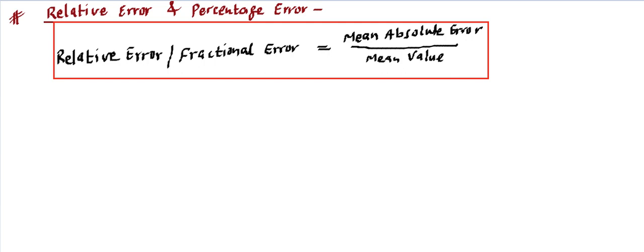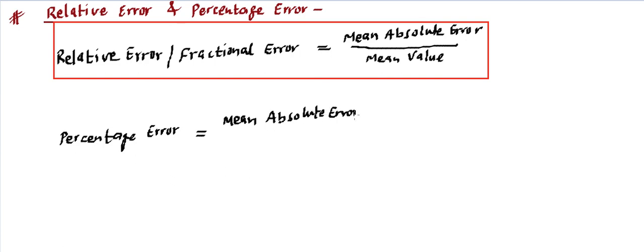And then we can also write the formula for percentage error. If it is asking for percentage error, then percentage error is defined by the same formula: mean absolute error divided by the mean observation or mean value, or true value, we can call it A, into 100.